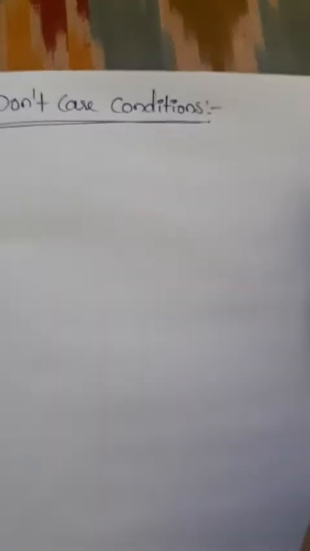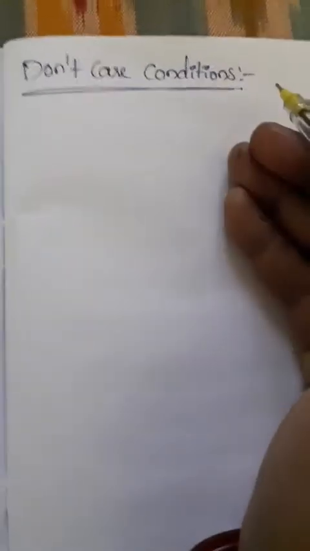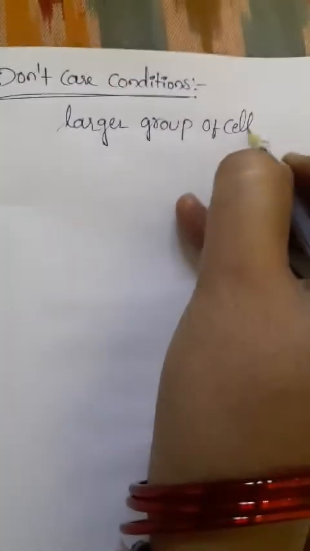Generally the don't care condition can help us to form a larger group of cells. What is the use of don't care conditions? This can help us to form a larger group of cells while simplifying in a K-map.